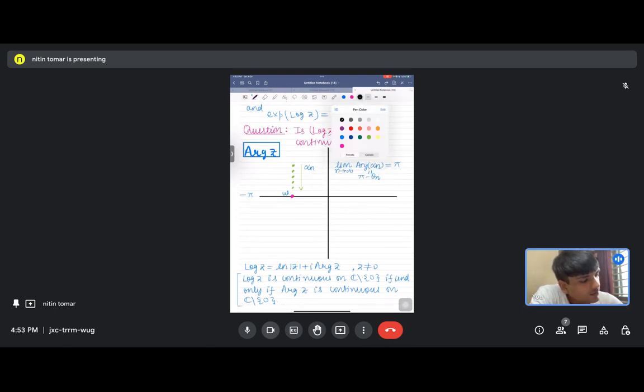Now with the same logic, we can start from here, right? I mean, we can construct a sequence of beta n which will converge to w, correct? Yes or no?